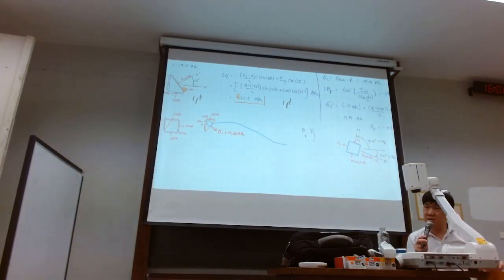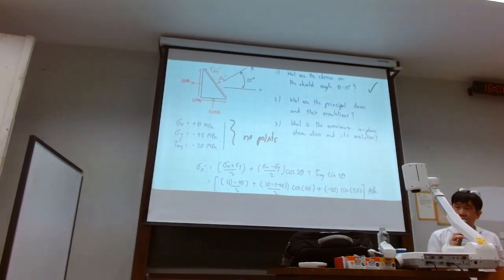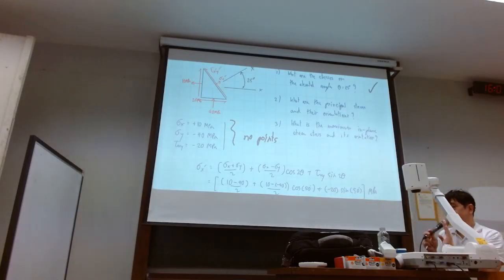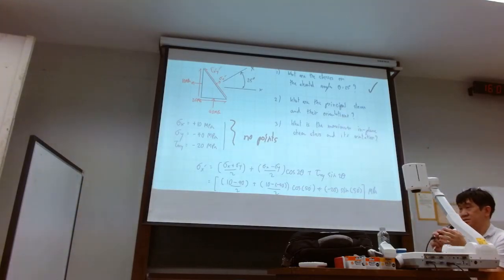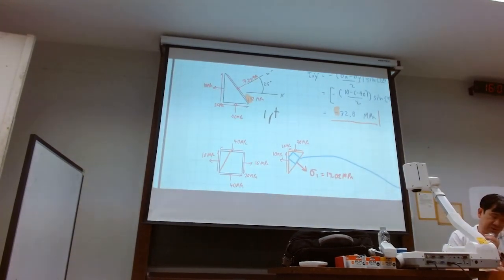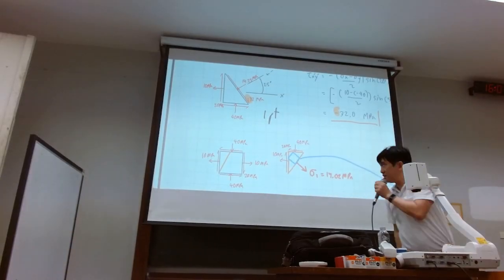Professor? Yes. In the first part, when you listed all the values, can you scroll up? You mean this? Yeah. Why is all of the forcing in the opposite direction? Like sigma x is plus 10 in the opposite direction. On the left side, that is a negative x area. So the direction of the force is in the negative x. That means the stress must be positive.